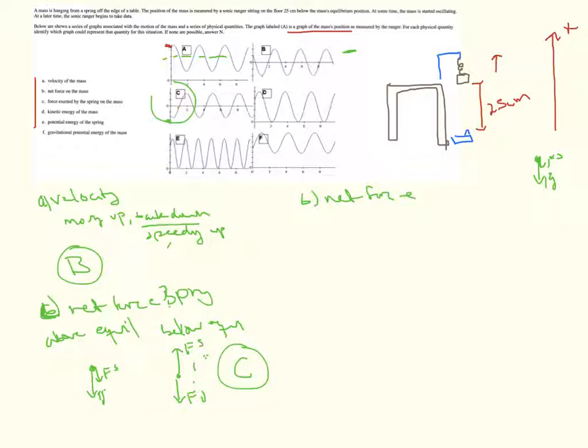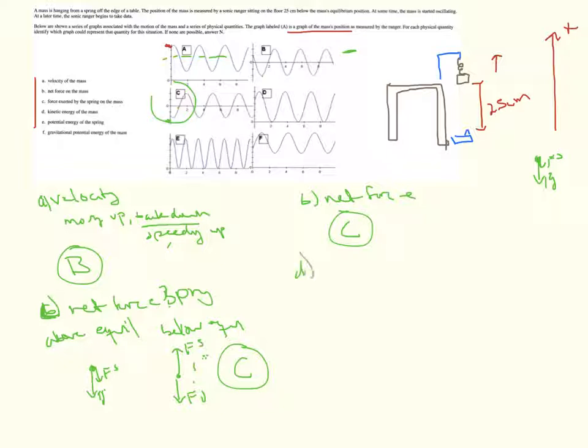Oh, okay, so the net force is also graph C because gravity does oppose the force of the spring when it's below the equilibrium point, but they're still going to equal each other at the point of equilibrium. And then the force of the spring is going to get bigger. So it's still going to have the same shape as graph C.